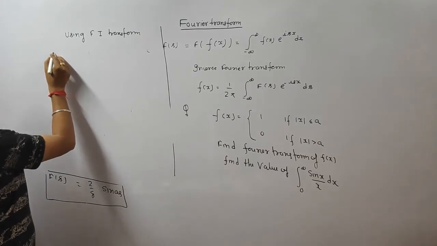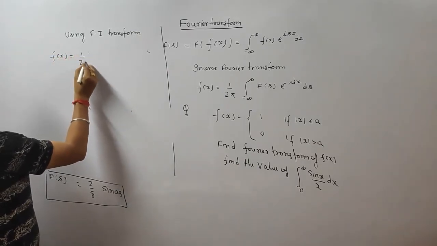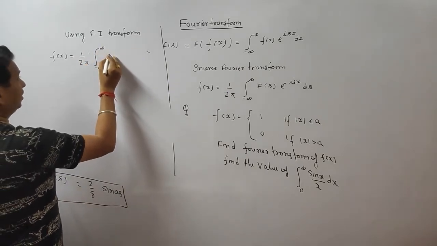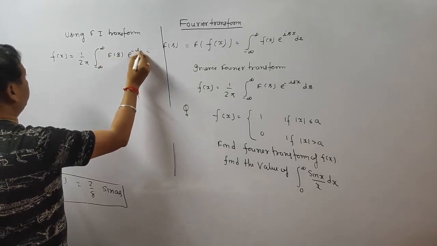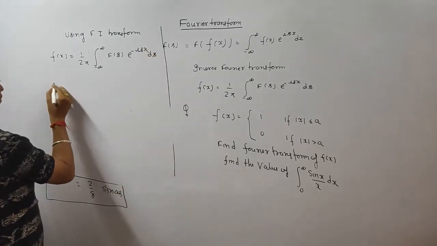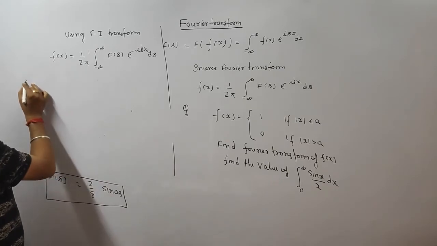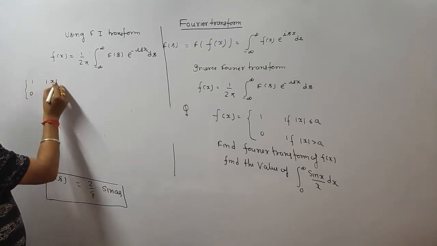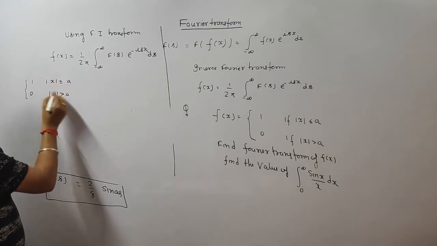What is the formula? f(x) is 1 upon 2 pi, integral from minus infinity to infinity of F(s) e to the power minus iota s x ds. So just put the values. What is f(x)? f(x) is 1 if mod x is less than or equal to a, and 0 if mod x is greater than a.